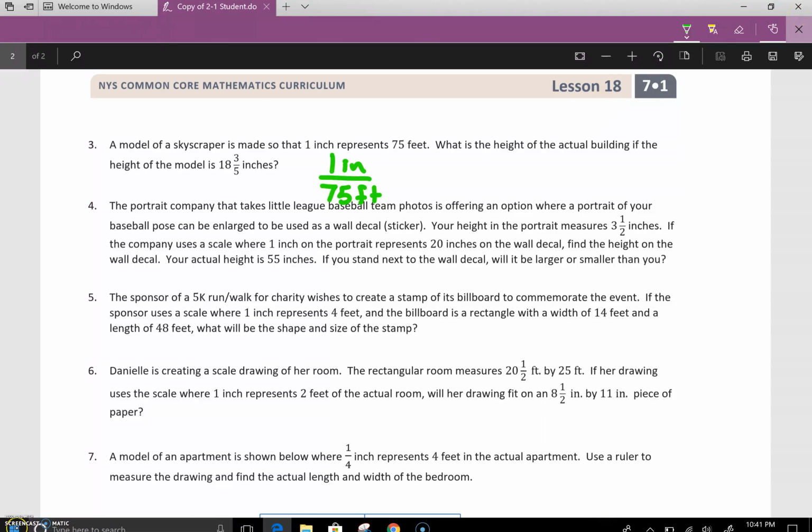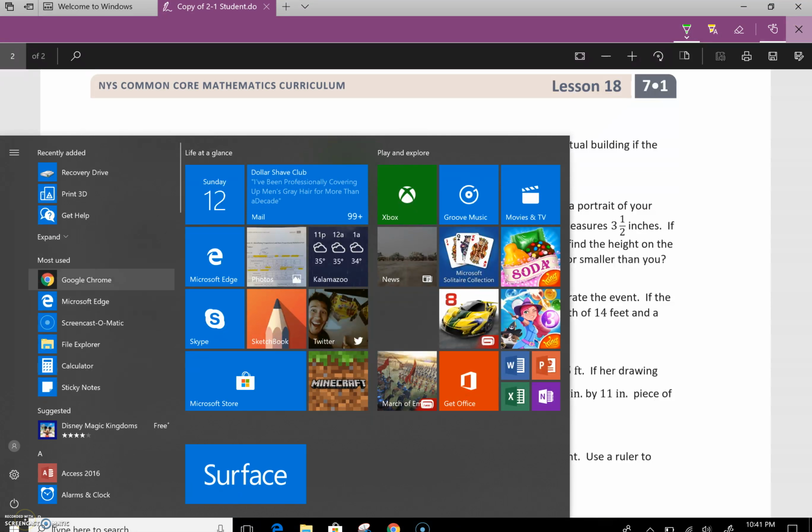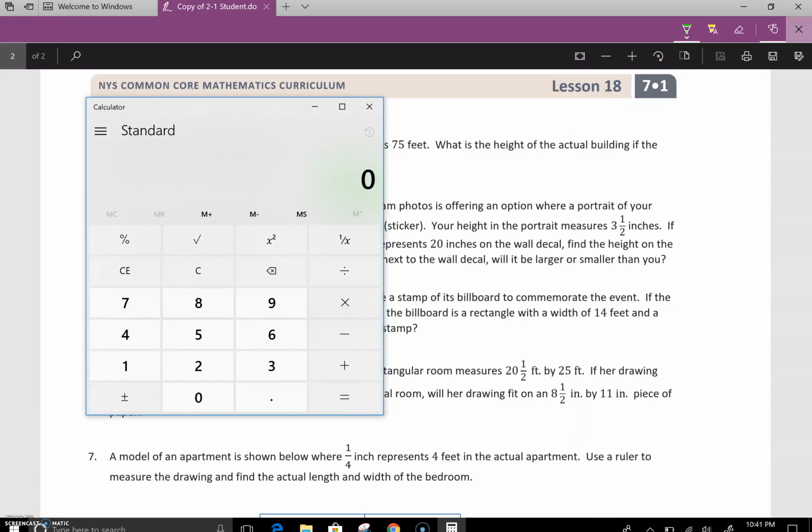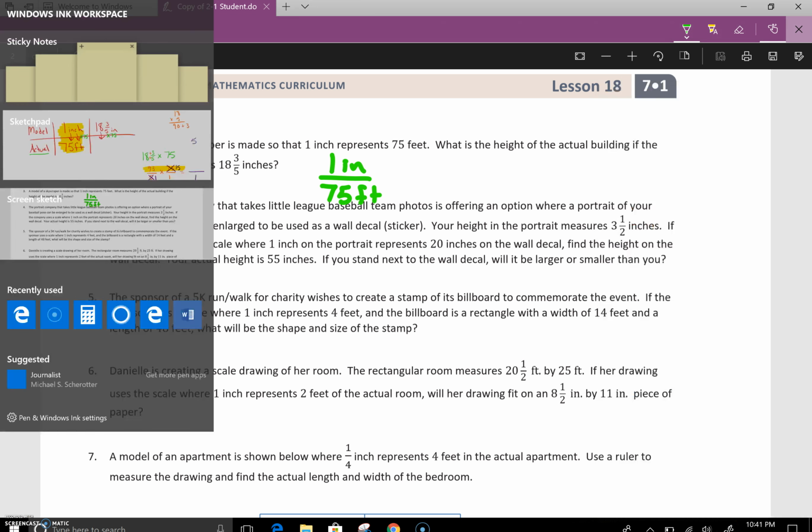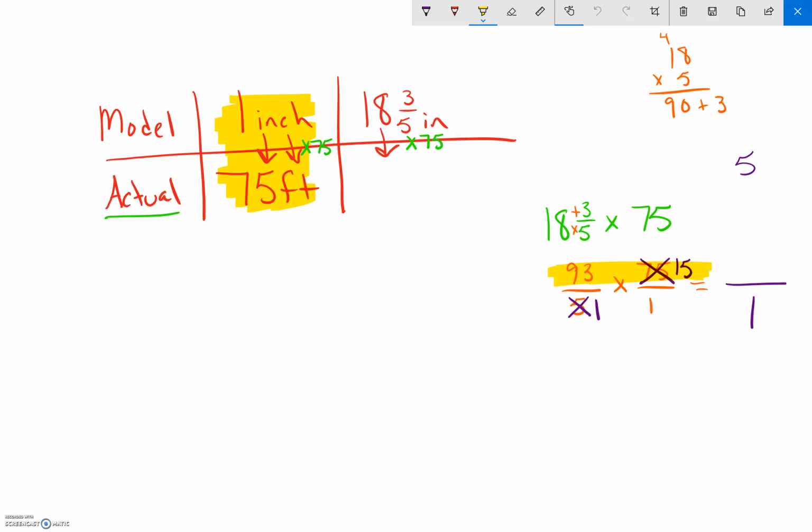Let's use the calculator. When I use the calculator, I get 1,395.